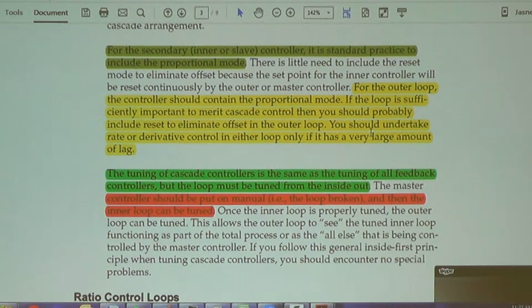Integral action introduces a lag in the system. To reduce that lag, the time delay in the system, you introduce a derivative action so that the system can become faster.